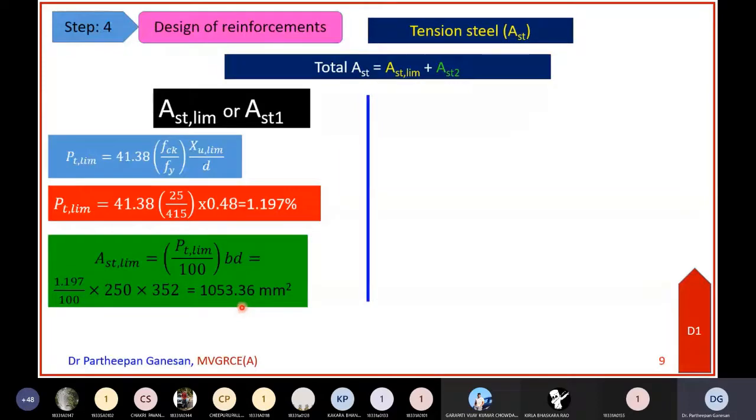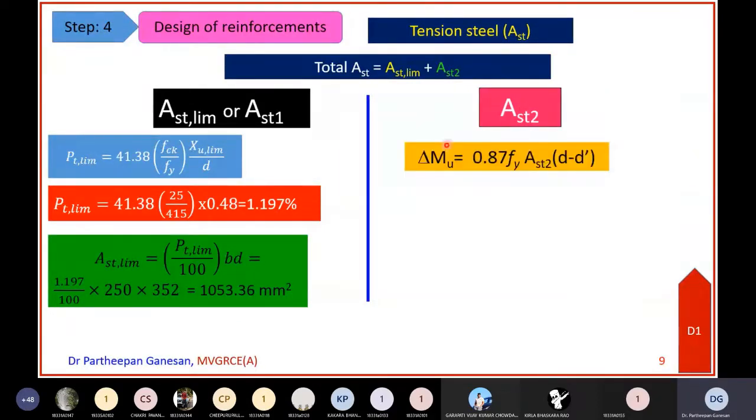Next, to find out AST2, delta M is equal to 0.87 FY AST2 into D minus D dash. Remember, for AST2 or ASC, this is D minus D dash. Don't write D minus 0.42 XU, because the lever arm is D minus D dash only.